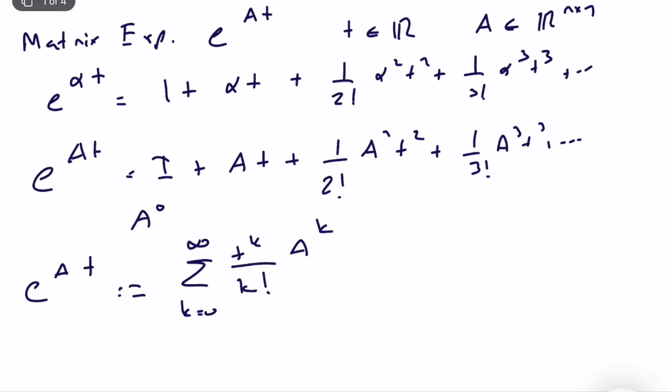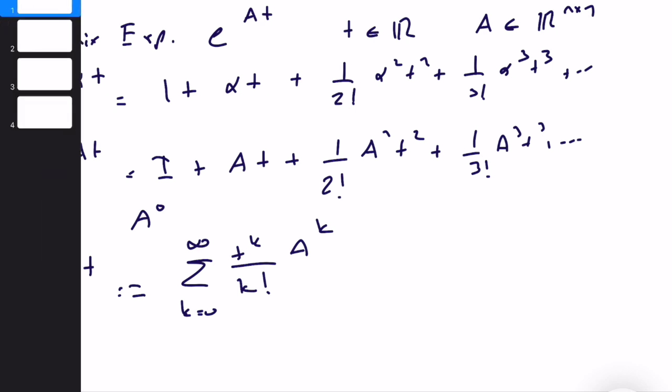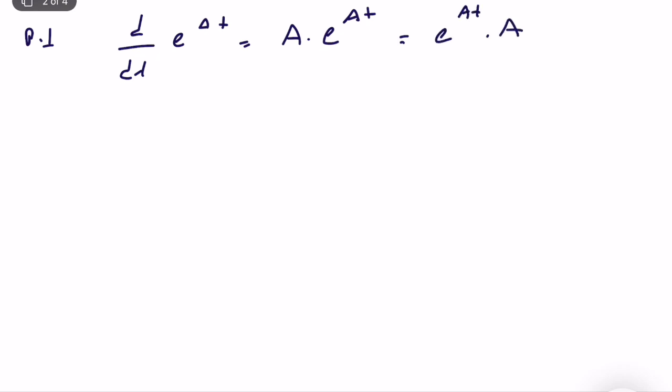Now let's talk about the properties of matrix exponential. The very first property is related to the derivative of matrix exponential. Property 1: the derivative with respect to t of e to the power At is equal to A times e to the power At, and it is also equal to e to the power At times A. As you can see, these are two matrix multiplications, A and B, let's call it B, and B times A, and they're equal to each other.